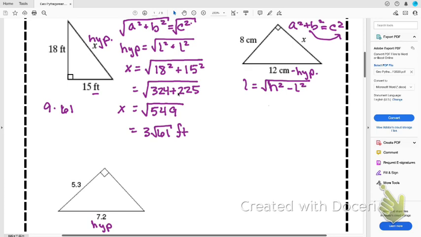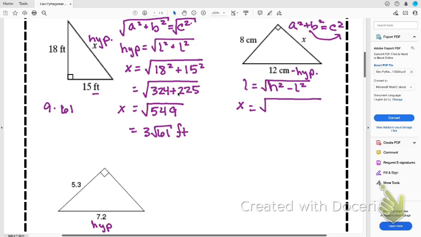Now, the hypotenuse has to come first because the hypotenuse is the biggest, yes? And you can't subtract lengths, like your hypotenuse has to come first. So, x, which is my leg I'm looking for, is the square root.